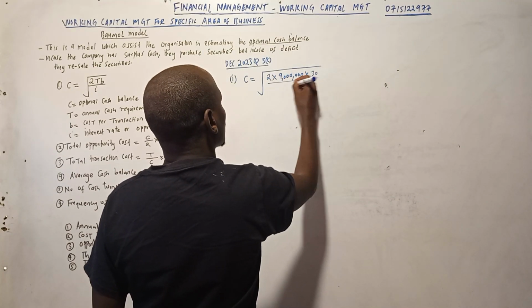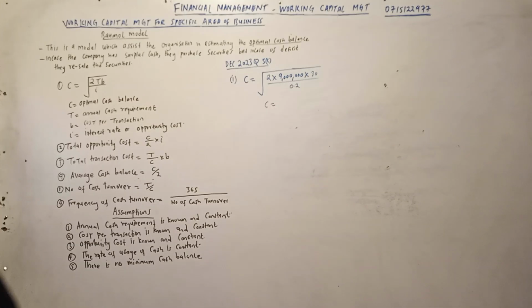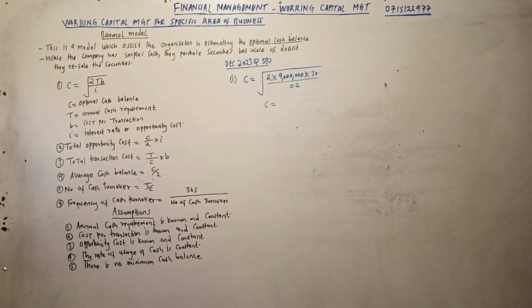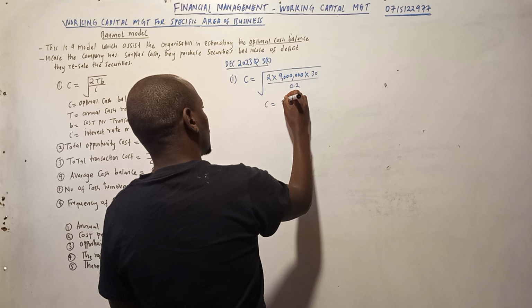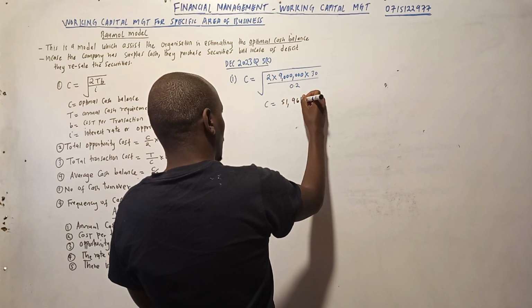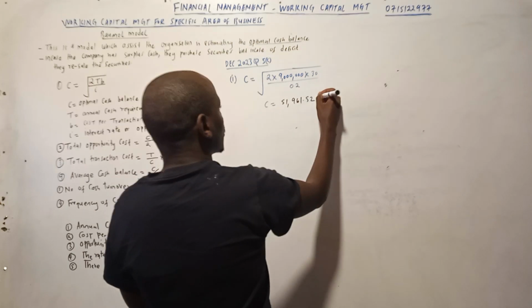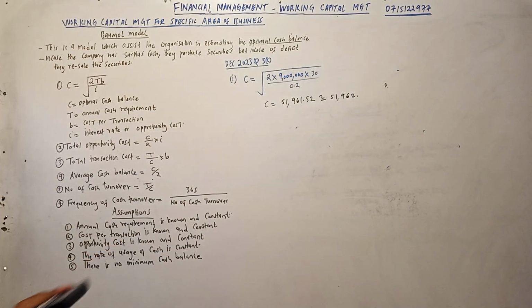Then we divide it with 0.2, since 20% is our opportunity cost. So it will be the square root of 2 times 9 million times 30 divided by 0.2. I get 51,961.52, so in shillings it is 51,962.